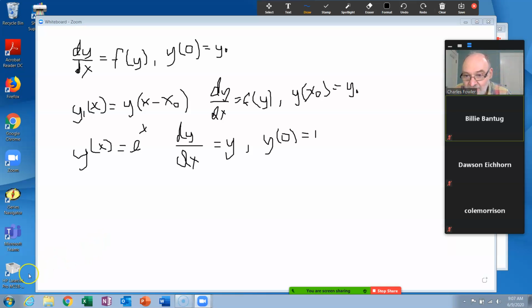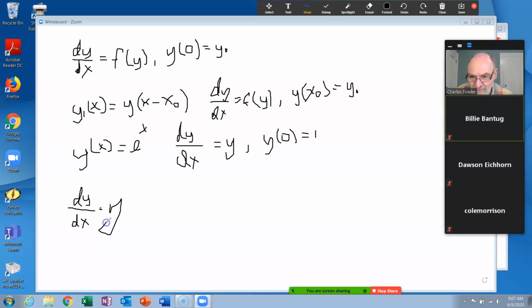Now let's come down here and say we have the same differential equation, just like we did before, dy/dx is equal to y. That d turned out a little better. Same differential equation.